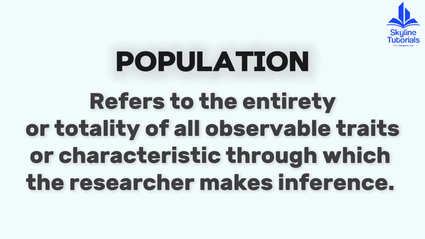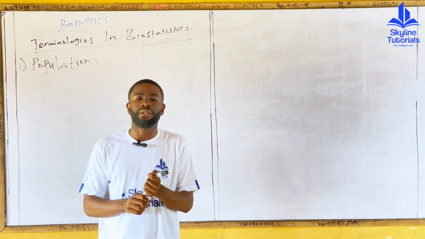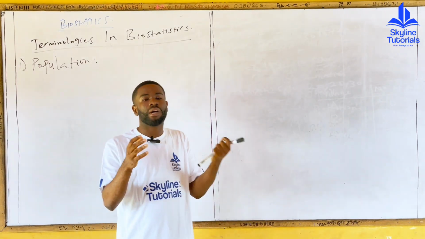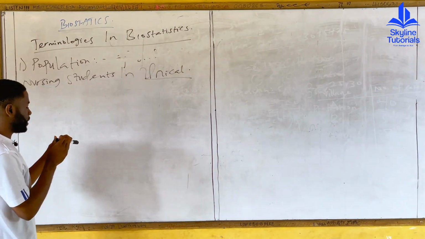Population simply means the totality, the entirety of any observable trait through which the researcher wants to make inference. I come again. Population simply means the totality of every observable trait or characteristic from which the researcher wants to make inferences. So my population could be the total number of, let's say, nursing students in Unical.